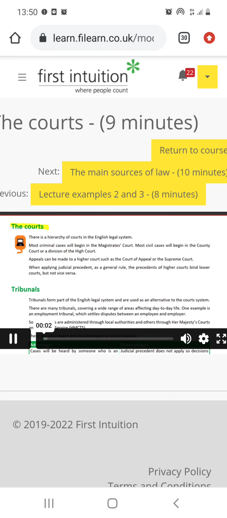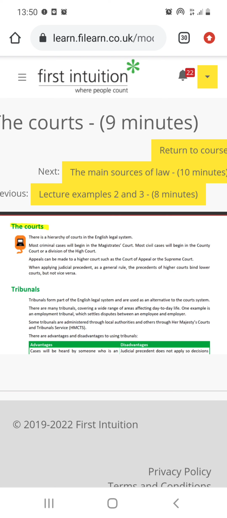Okay, let's now go into more detail about the different types of courts that there are in the UK. There is a hierarchy of courts in the English legal system, and this is very much like a hierarchy that we saw in a previous recording when we're looking at an organisation.